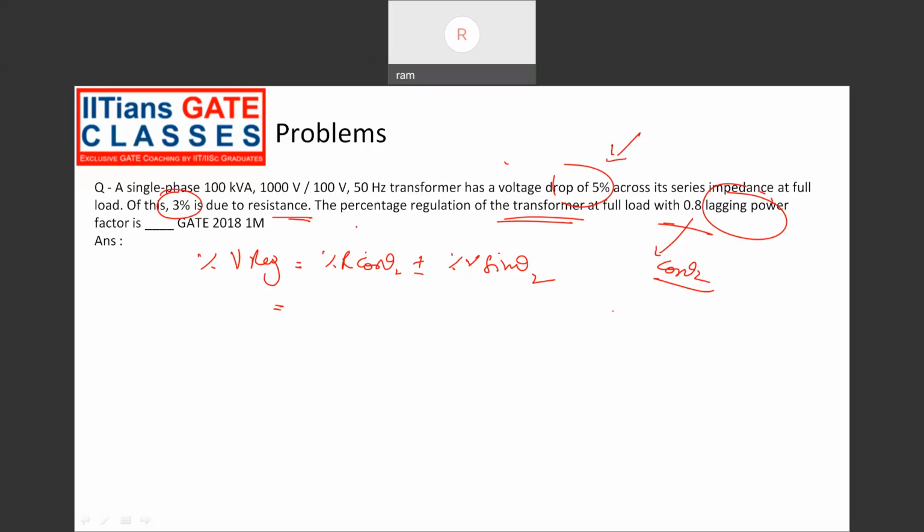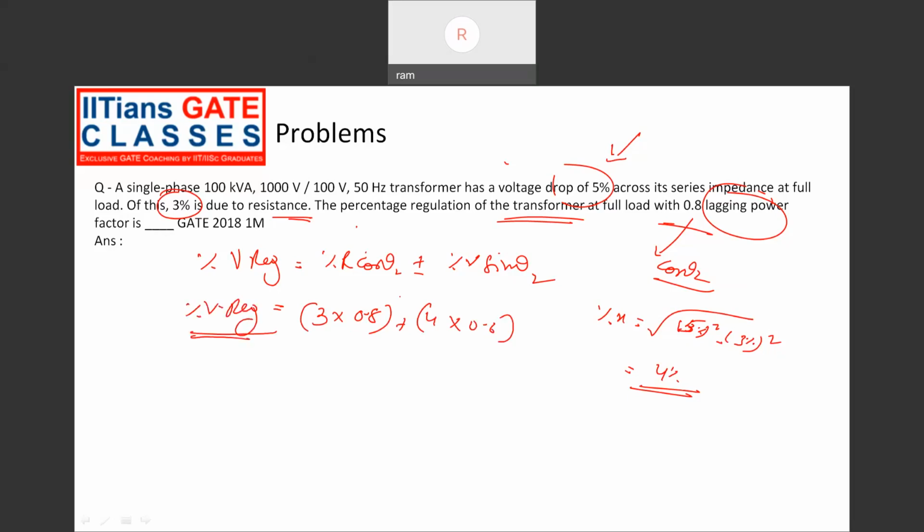So the X can be given as percentage X equal to square root of Z square minus 3% square, so that I can write as 4%. So 3 into 0.8 plus 4 into 0.6. This gives us the percentage voltage regulation.